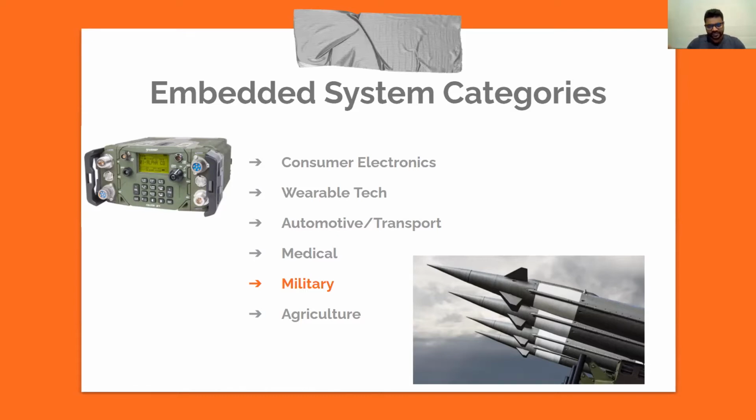They just clone the IC and manufacture counterfeit products, and some of those ICs were going into aeronautical, military, as well as aerospace engineering products. So there has been a lot of talk about how to prevent such things from happening, because these are very critical things. So this is another class of embedded systems.